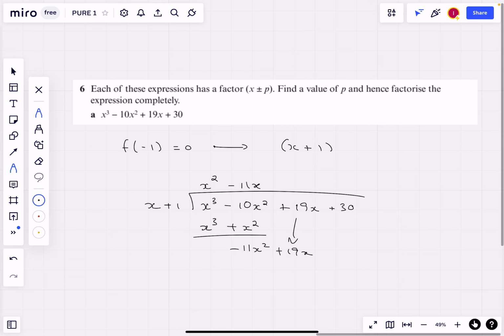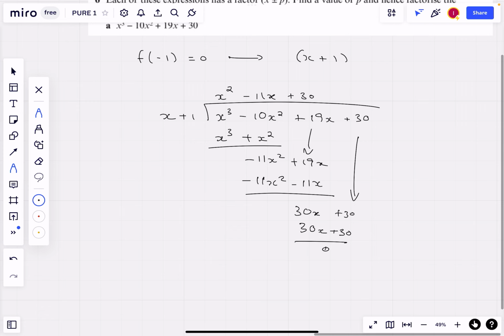Minus 11x, minus 11x squared, minus 11x. You end up with 30x. Bring this down. Plus 30. 30x plus 30, remainder 0.